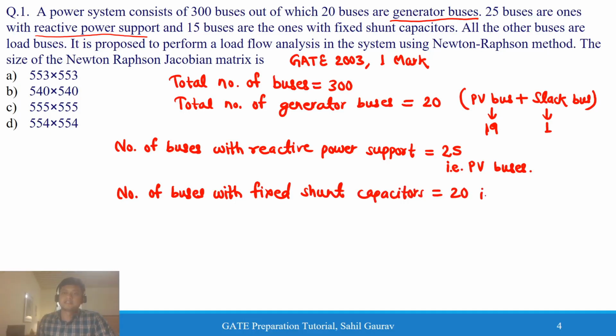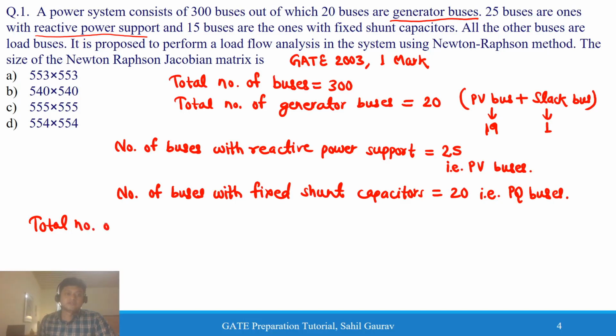Yes, correct. Very good. A fixed shunt capacitor is reactive power compensation, so it is a load bus only. So it will be PQ buses. Now we can find the total number of PQ buses and the total number of PV buses that we need for finding the size of the Jacobian matrix.